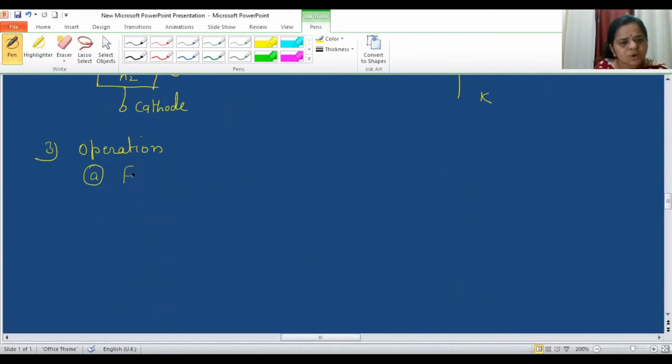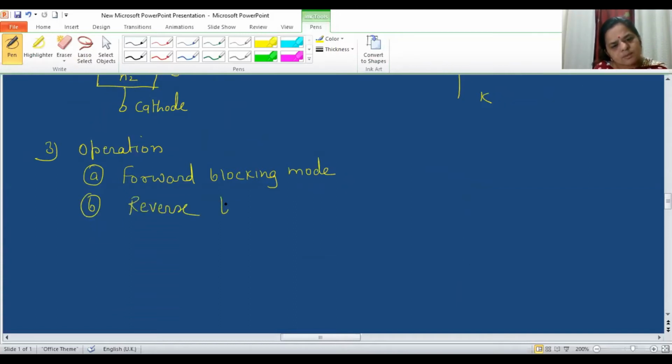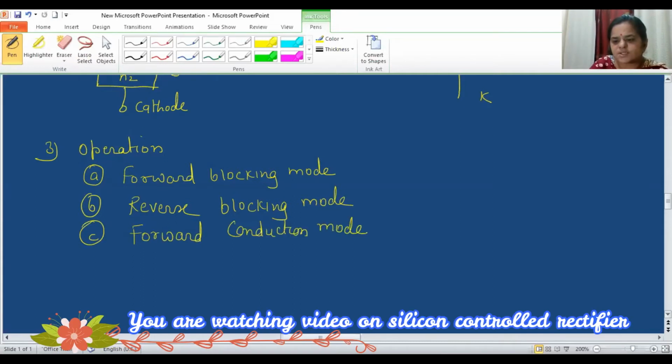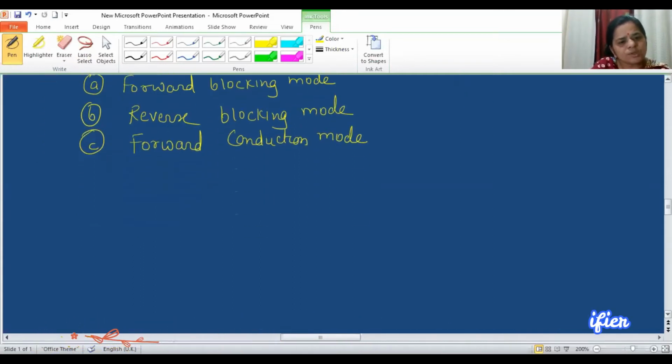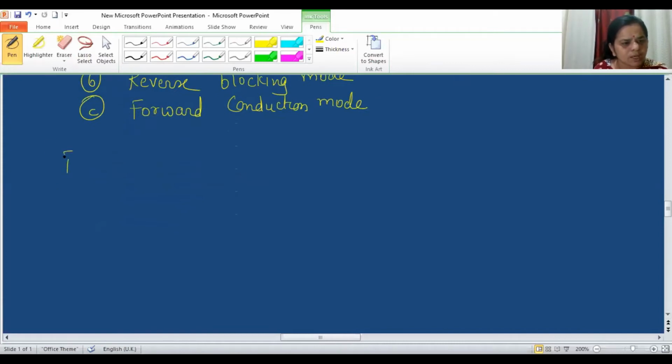One is called the forward blocking mode, the second one is the reverse blocking mode, and the third one is the forward conduction mode. Now let us start with the first mode, that is forward blocking mode. What do you understand by forward blocking mode?